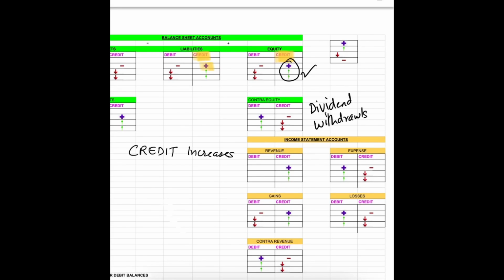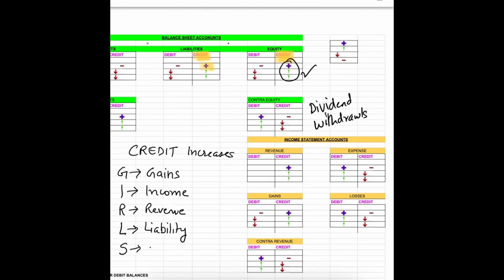So all the accounts that have increases on the credit side, the mnemonic is GIRLS, where G stands for gains, I stands for income, R stands for revenue, L stands for liability, and S stands for stockholders' equity.